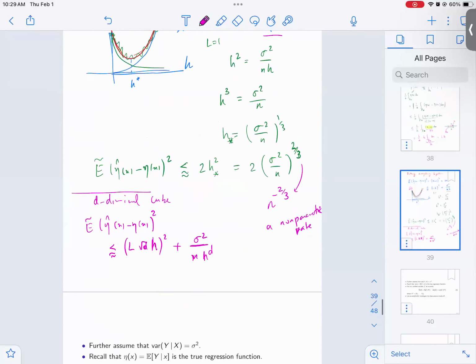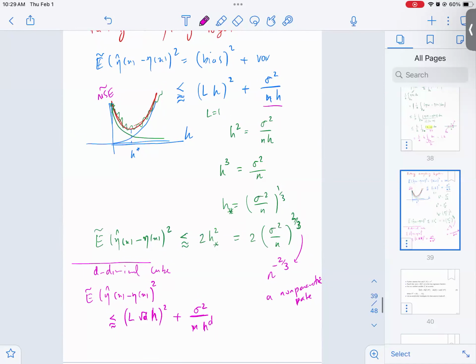So that's the problem. In D dimensions, the cube is in a sense harder, because the volume is spread out. You get this H to the D factor here, and so this is going to blow up much faster when H goes to 0.